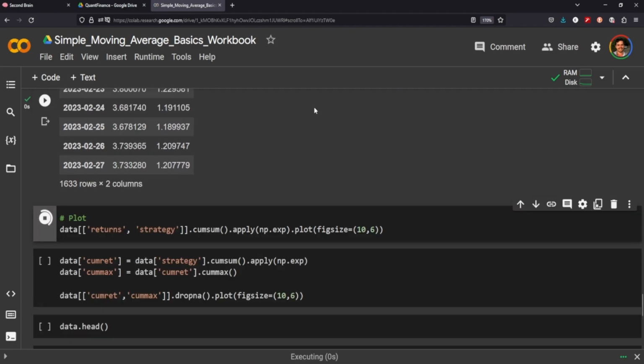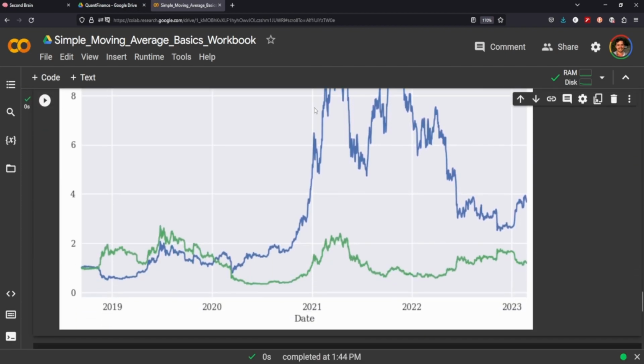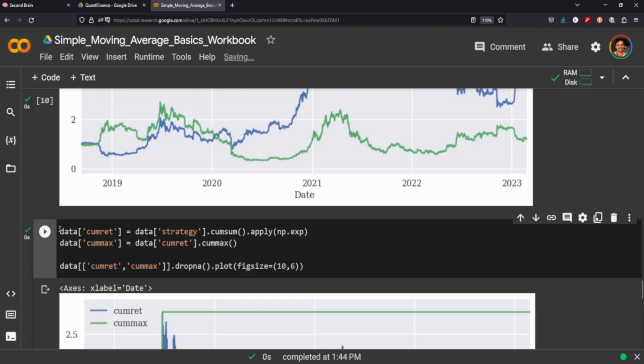When we go to plot it, we get these two lines here. What this is saying is that the returns are outperforming our strategy. Now we're taking the cumulative sum of the returns from our strategy and applying an exponential to that. We can also take the cumulative max of our cumulative returns.